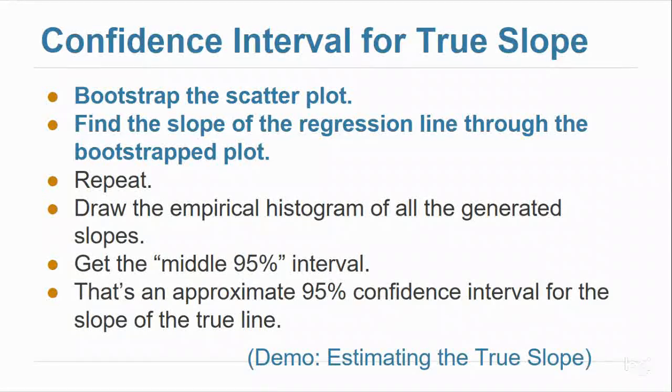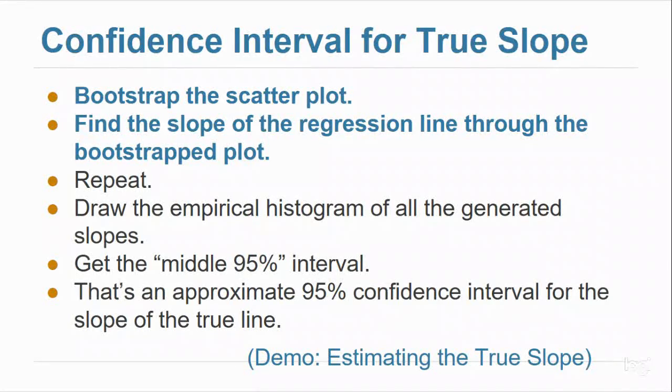It means select the number of rows in the table from the table, but we select them with replacement. So sometimes the rows will appear multiple times and sometimes they won't appear at all.